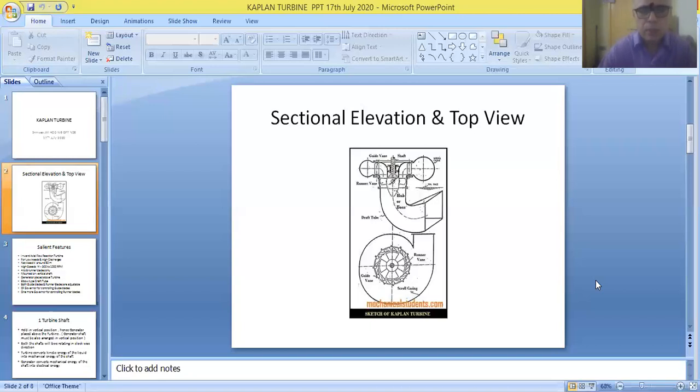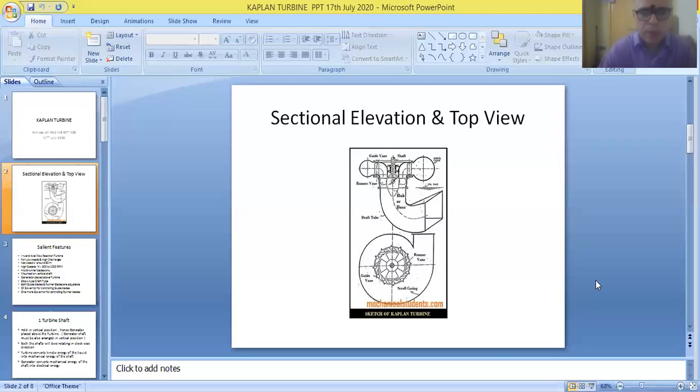Now this runner is mounted on the shaft of the turbine. So therefore, the runner and the runner blades put together, it is referred to as a runner assembly. The runner assembly is mounted and fitted to the shaft of the turbine.